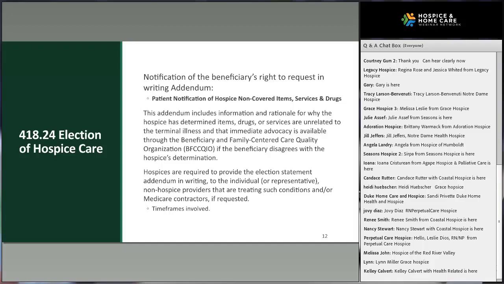Now, for people new to hospice, Medicare is always very generous about providing templates that you can follow. So if your hospice has not implemented this yet, this is critically important because it was effective October 1, but trust me, I've heard hospices have not implemented this yet.